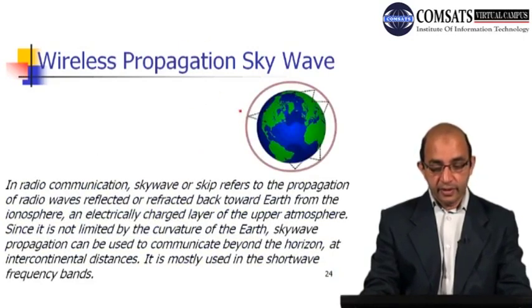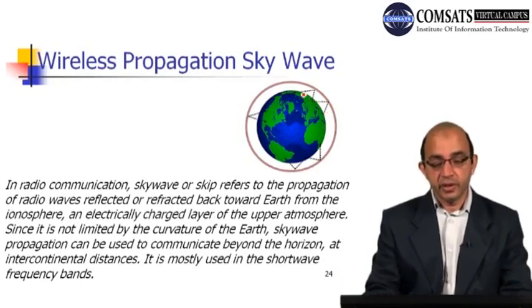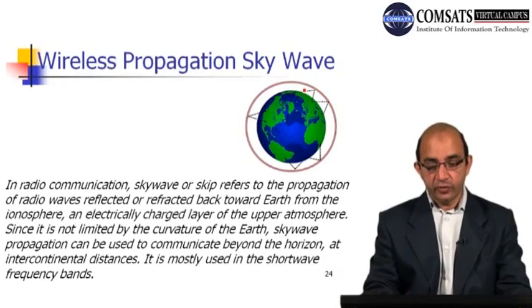So here you can have the actual Skywave propagation, right? So you can see these are the Skywaves propagating around the contour of the earth. So this sort of communication is useful when I want to transmit a signal from this part of the earth that is not directly in the line of sight, right?